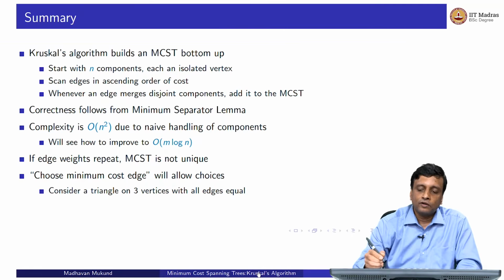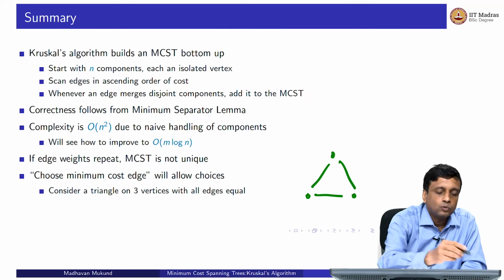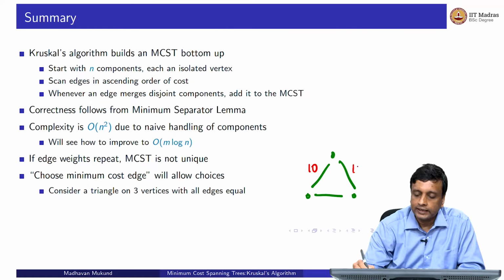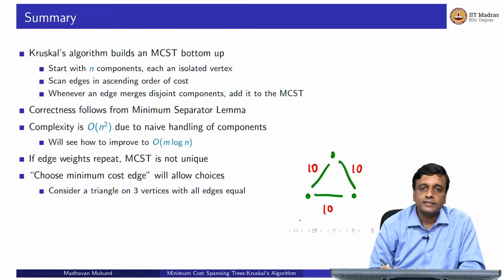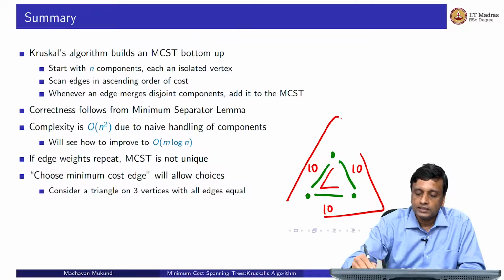So if you want to think of an example, here is a very simple example. Supposing I construct a triangle which has equal weights. Supposing I say the weight is 10, 10, 10, then you can see that any two edges of this will form a minimum cost spanning tree. I could find this as a spanning tree, I could find this as a spanning tree, and I could find this as a spanning tree.